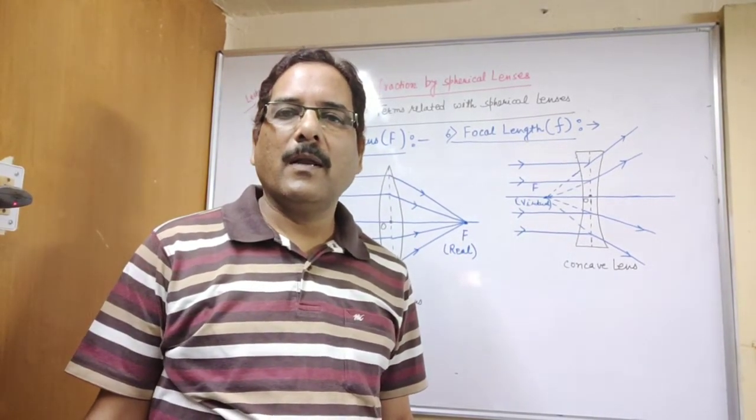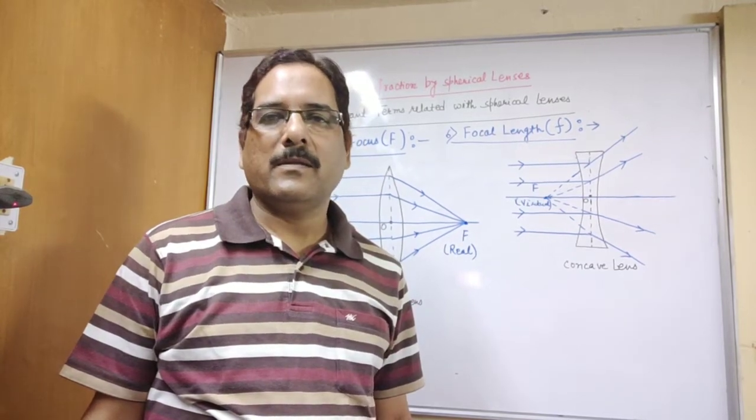It's called the focal length of the lens.